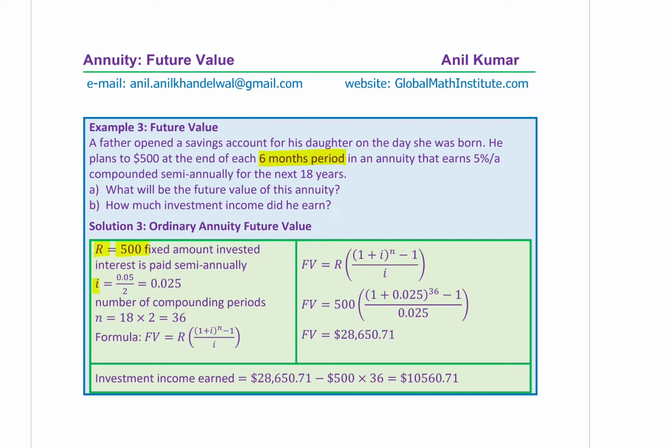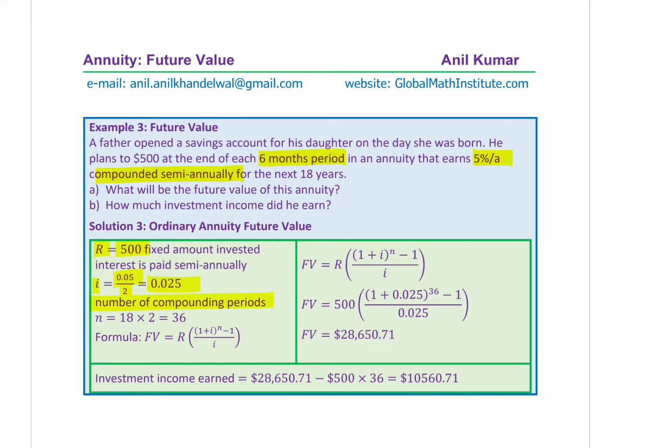The compounding rate being 5% per annum, compounded semi-annually, we are going to divide the decimal equivalent 0.05 by 2 to get the interest rate during the period of compounding, which is 0.025, as we did in compound interest also, right?